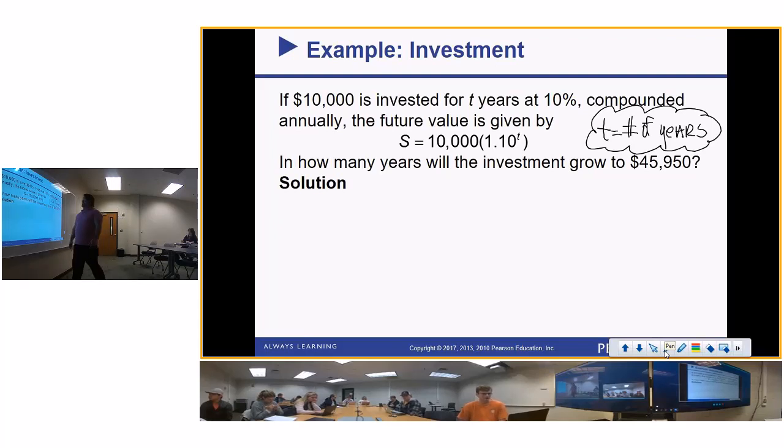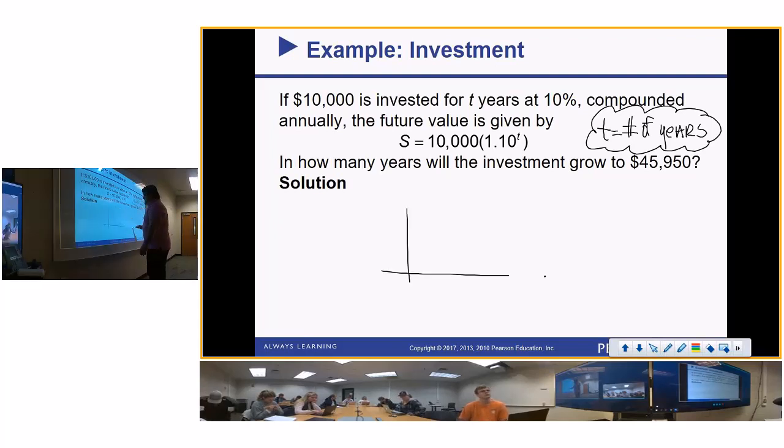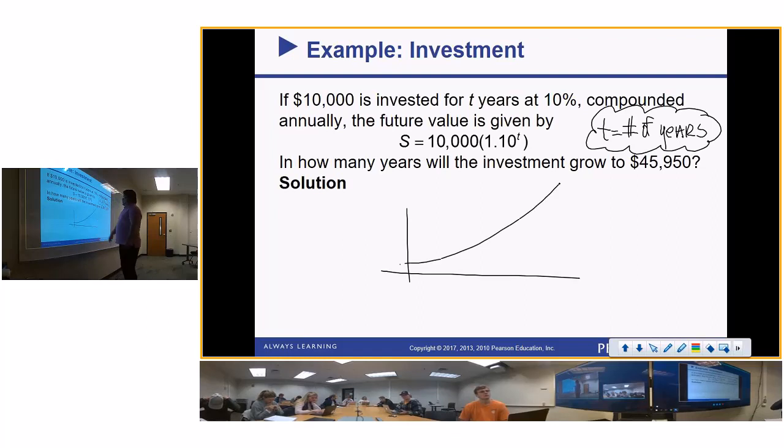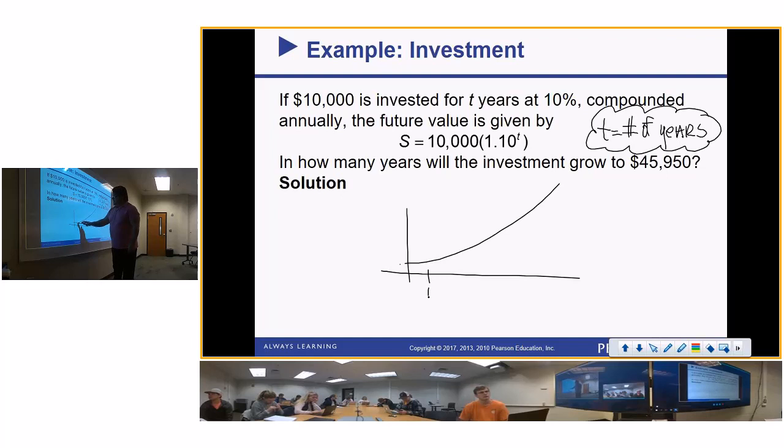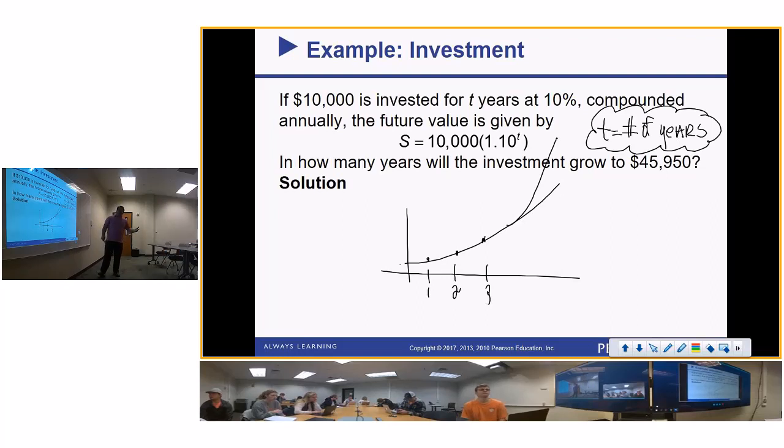So you're going to have some kind of function that looks like this. And of course, at 1 year, it's this much. At 2 years, it's this much. At 3 years, it's this much. And then at a certain point, it's going to take off. And that's probably what they're going to ask you to do here. So make sure you don't multiply 10,000 times 1.10.